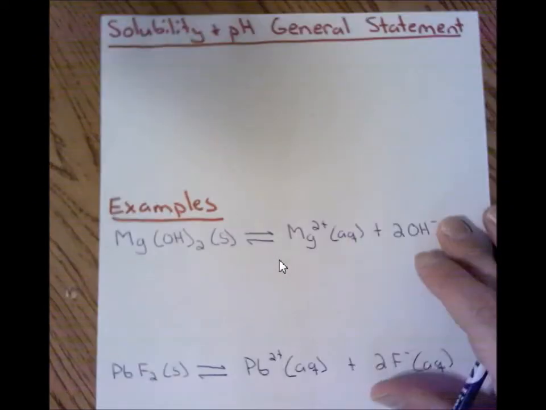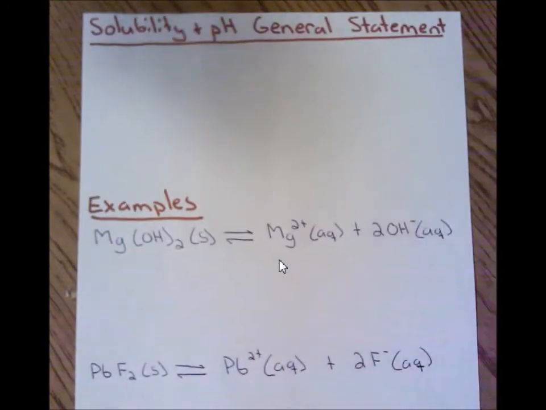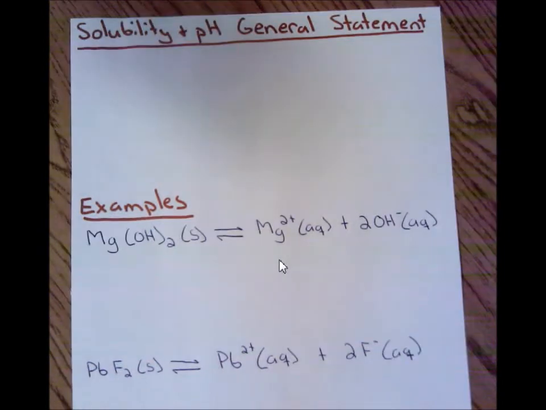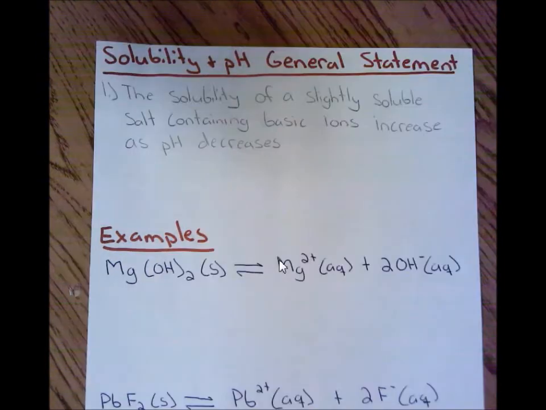So we have three general statements that we utilize with the solubility and pH. The first of these statements is this: the solubility of slightly soluble salts containing basic ions increases as pH decreases. The second general statement is the more basic the anion is, the greater the effect pH has.